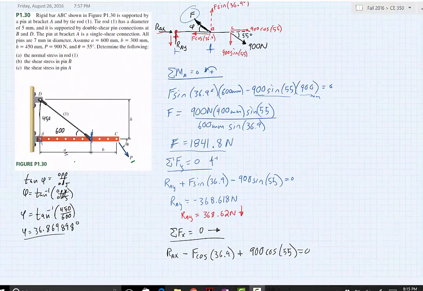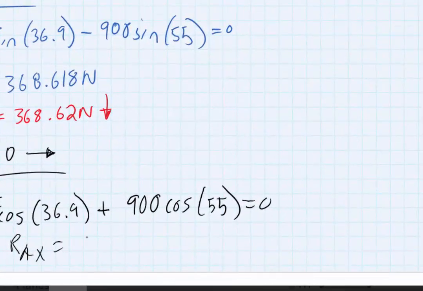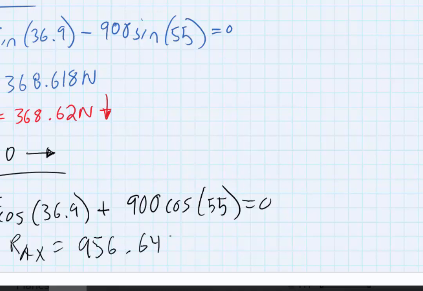So I get a force here of RAX equals 956.64 newtons.